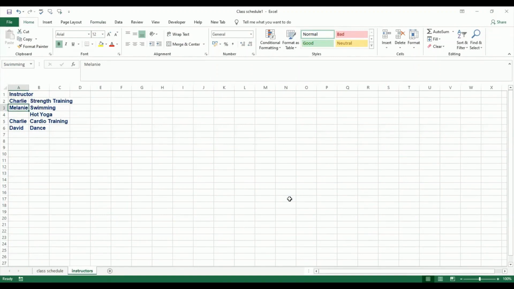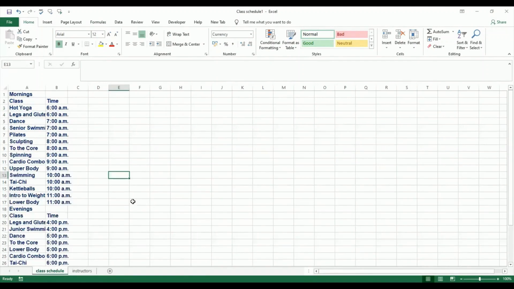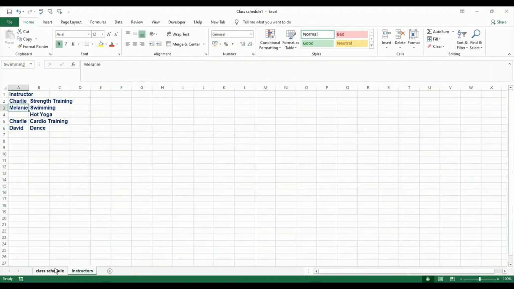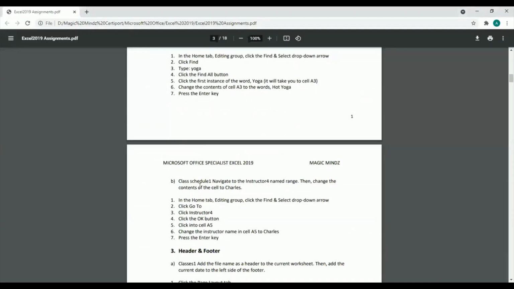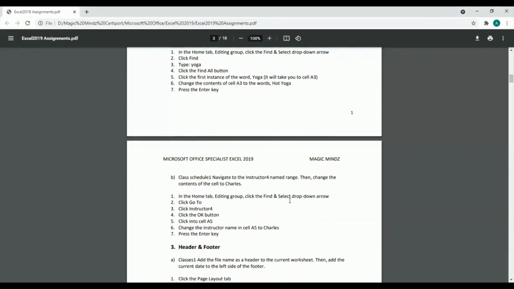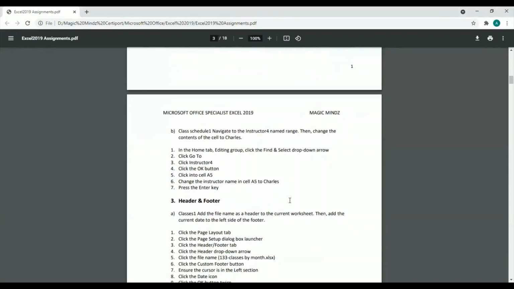A cell name helps you to do a Find, which becomes very practical in situations like these, like the one I have explained to you right now. Now the question which was there will make sense to you. Very easy. He says on Class Schedule 1, navigate to the instructor 4 name range, then change the contents of the cell to Charles.